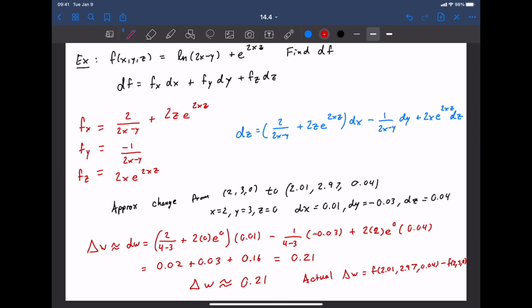Okay, now what's F of (2, 3, 0)? F of (2, 3, 0) is 1. And the only way to get this other value is with the calculator. That's the only way to get it. And when I do that in the calculator, I get 1.223. So the estimate is 0.21 versus the actual change, which is 0.223.